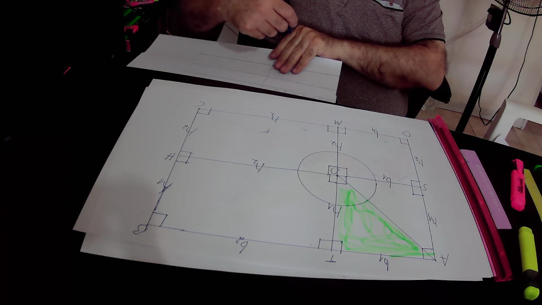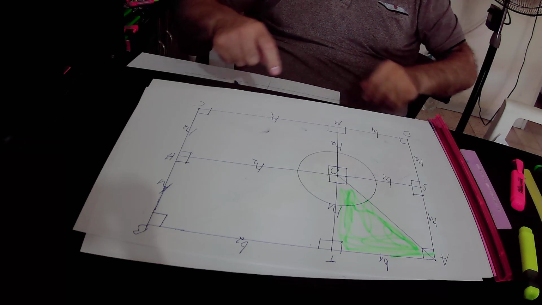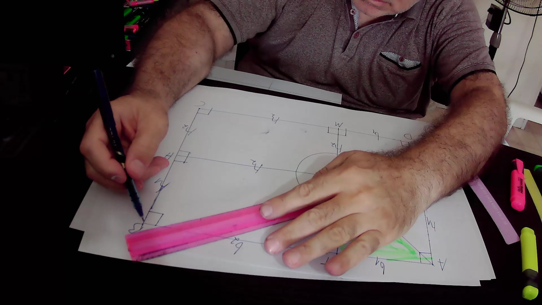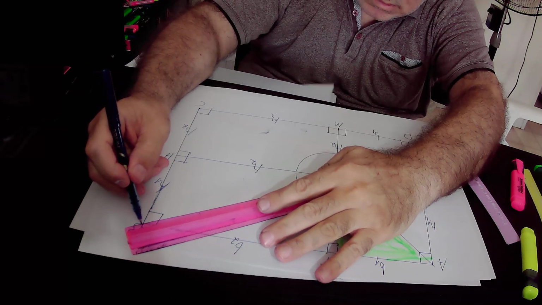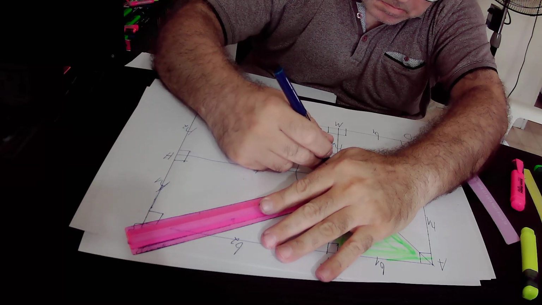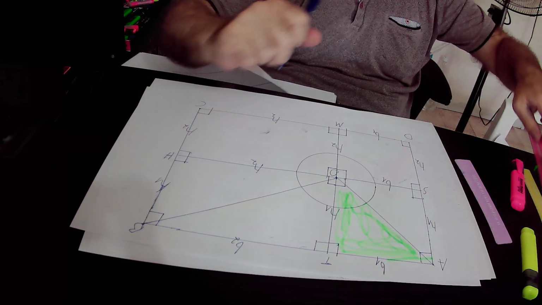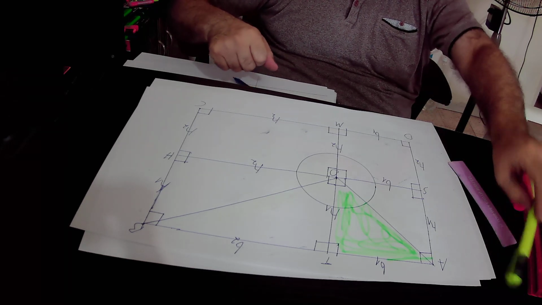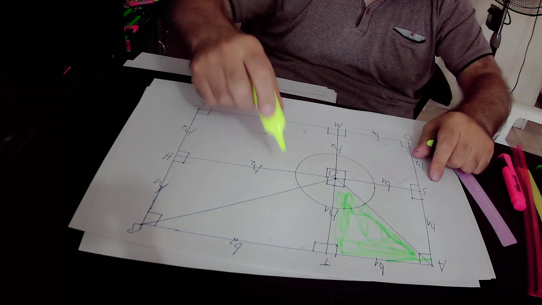Likewise, we will join points O and B together by a straight line. And we will implement the Pythagoras theorem on the yellow right triangle, triangle OBT.